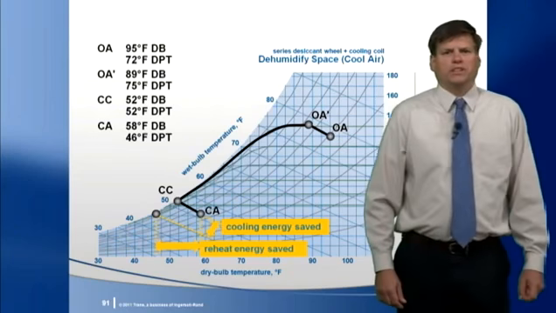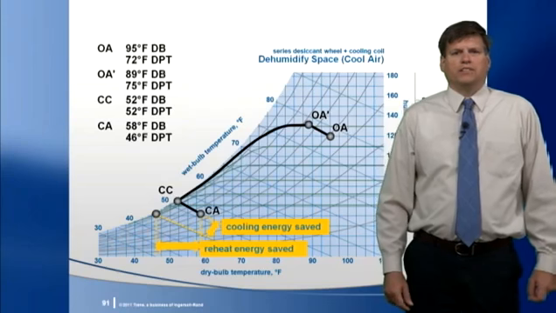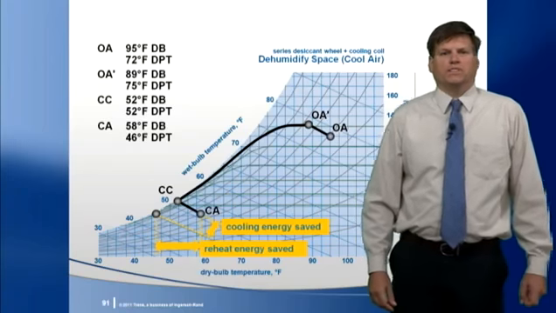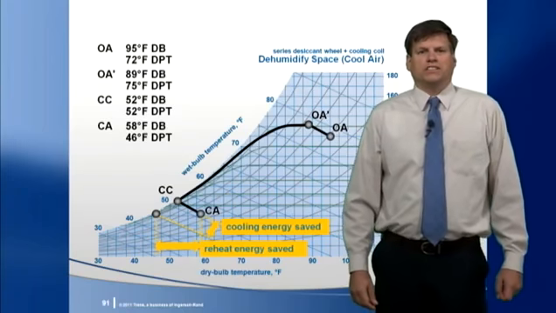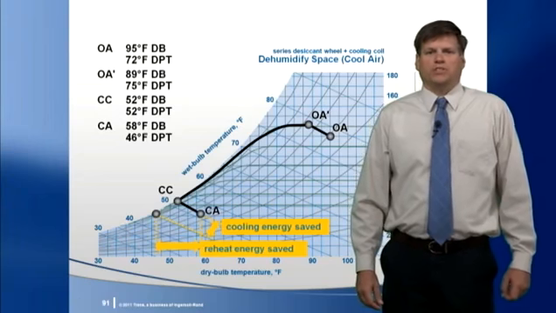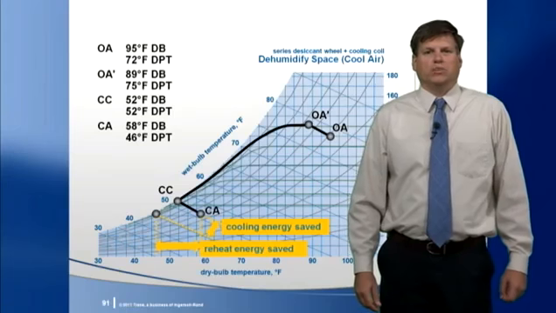The big difference between the two is that the series desiccant wheel does this with a 52-degree air leaving the cooling coil, while the series heat exchanger required a 46-degree leaving coil temperature. This can result in significant energy savings, as it will raise the evaporator temperature of the cooling source by 6 degrees, increasing the efficiency of either a chiller or DX system.